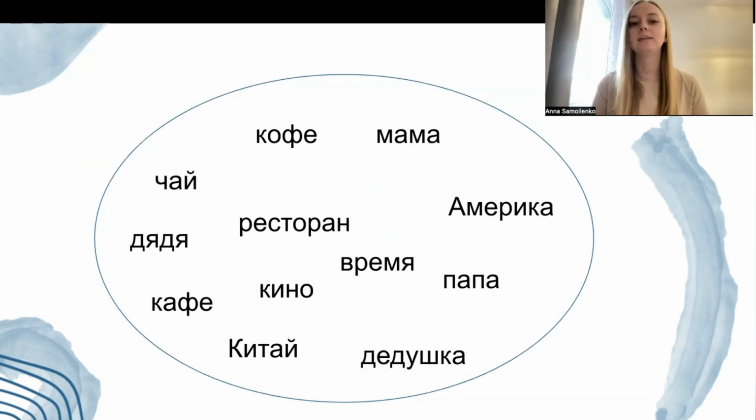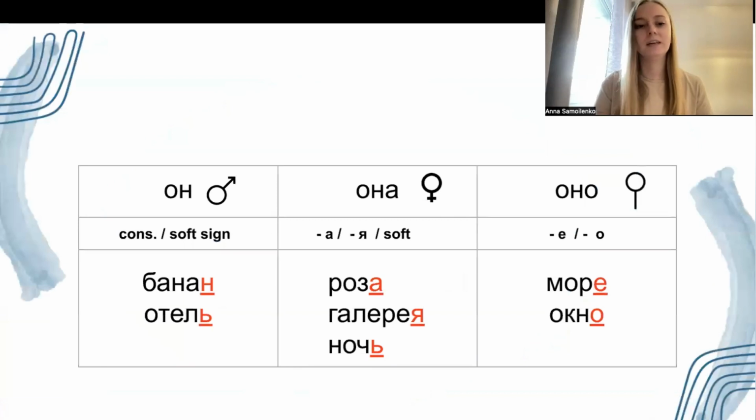Again, I suggest you open your copybook, write 3 columns: on, ana, ano, and put these words in the correct genders. You can go back to the previous slide and check endings. It's absolutely okay. Take your time and see you at the next slide.